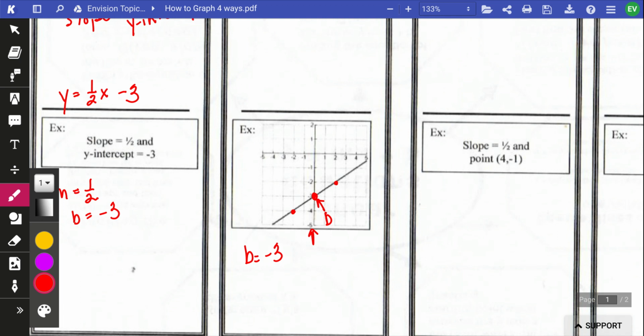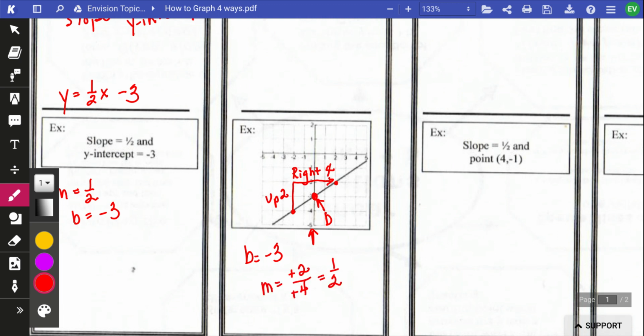To get from one point to another, I went up 2 and I went right 4. Remember, slope is change in y over change in x, or rise over run. So our slope is +2 over +4, which is 1/2 when you reduce it.